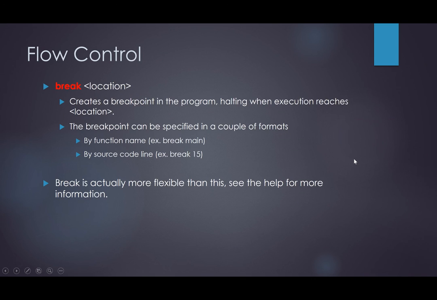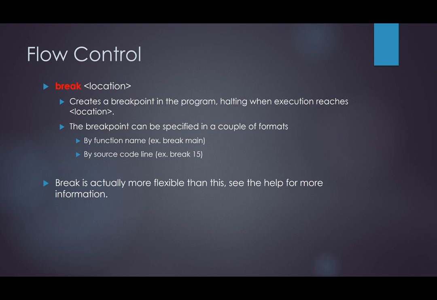Let's see, break. So break sets a breakpoint at the specified location in the program. There are a couple of ways to set a breakpoint. You can refer to a function by name. That's typically how you'll use it. You can also break at a source code line.